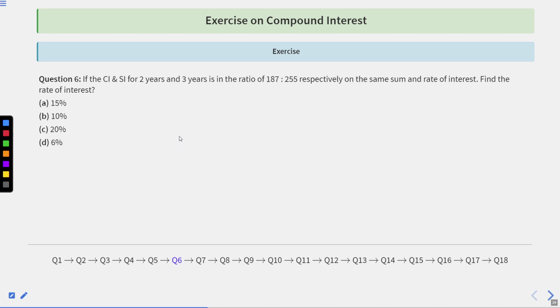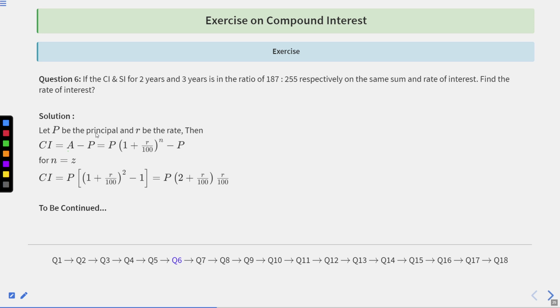Question number 6. If the simple interest and compound interest for 2 years and 3 years respectively are in the ratio 187 is to 255 on the same sum, find the rate of interest. So let P be the principal and R be the rate.